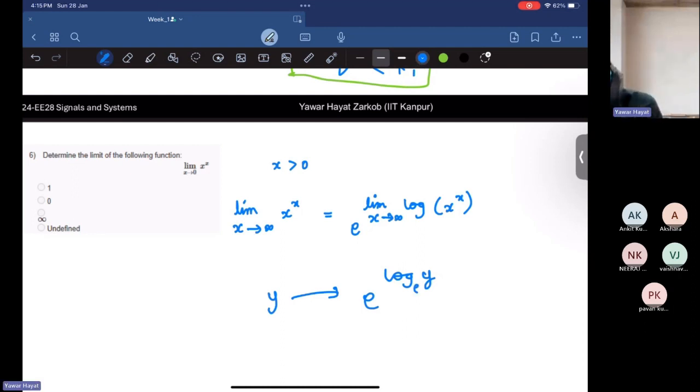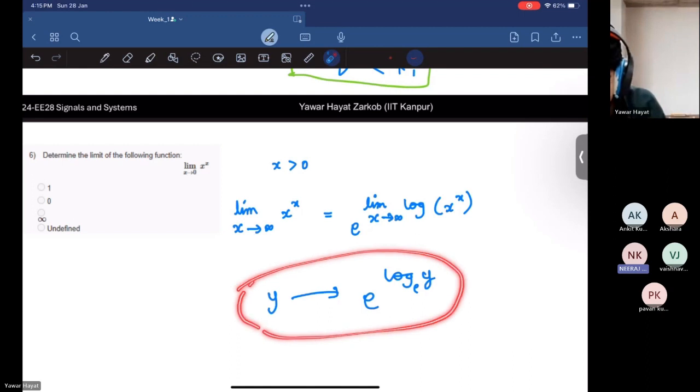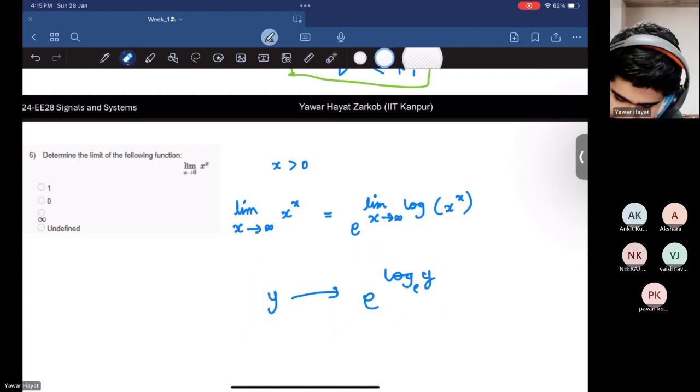So by definition, this is some exponent which when raised to power e gives y. Do you all agree with me on this? Yes, sir. I guess that's straightforward, yeah.